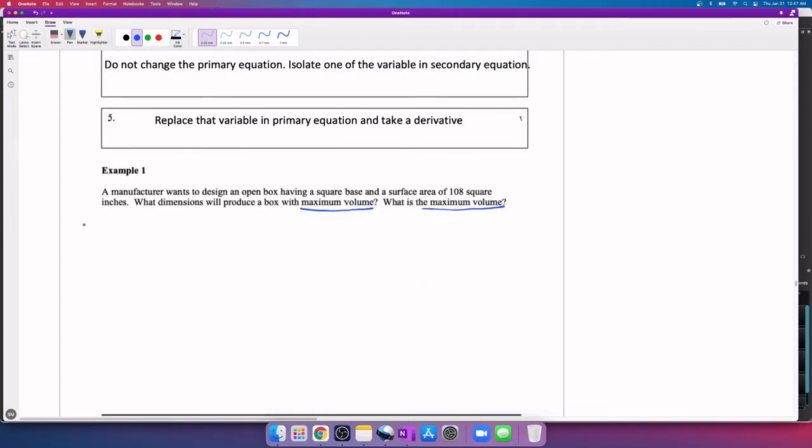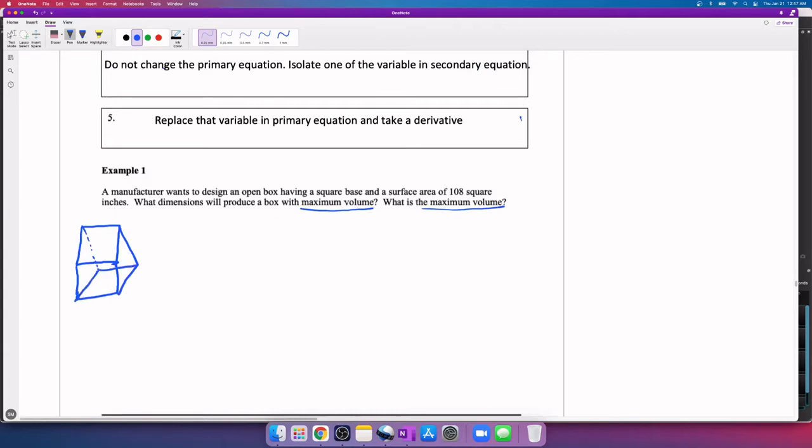You have to draw a picture. It doesn't have to be perfect, as long as you understand. It's not pretty, but we can figure out what they're asking.